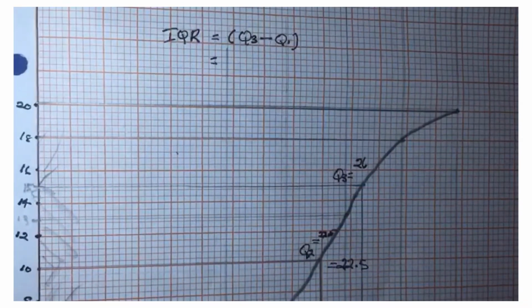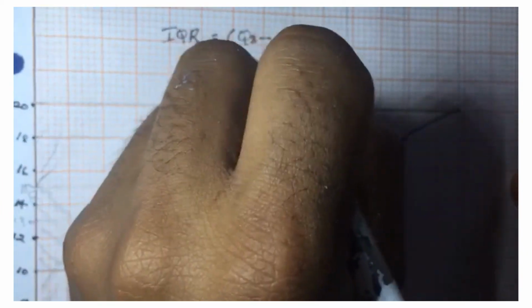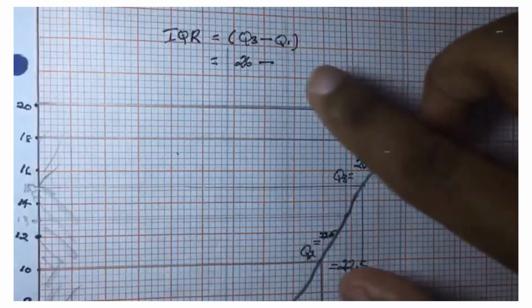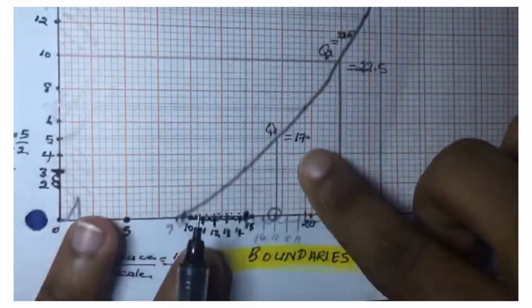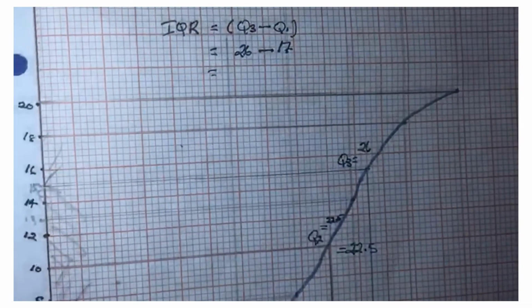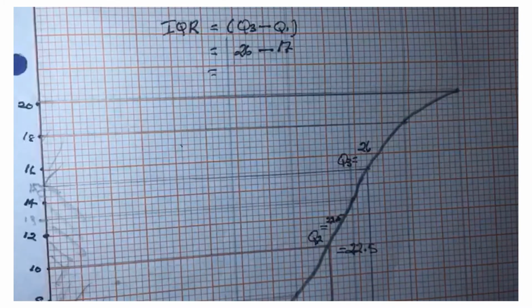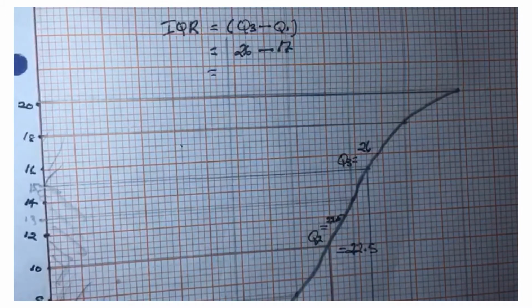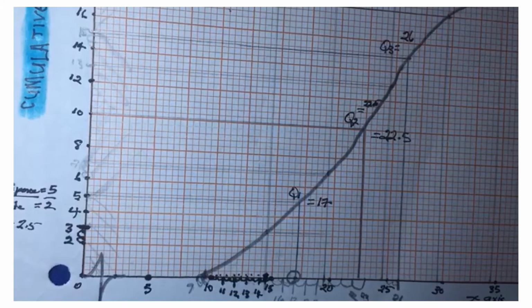What did we get for Q3? 26. Take away, follow my formula. What did we get for Q1? See it here? 17. I'm going to drop my 17 right here. So my interquartile range is 26 take away 17, which is going to give me how much?